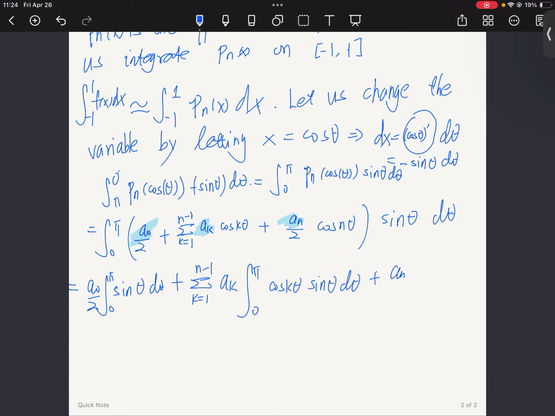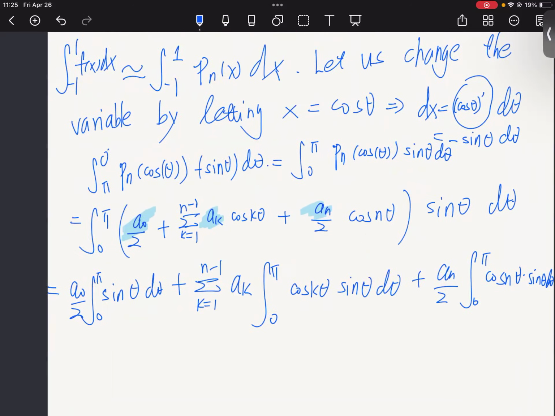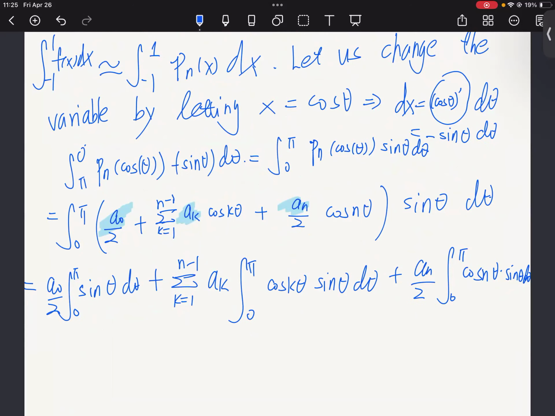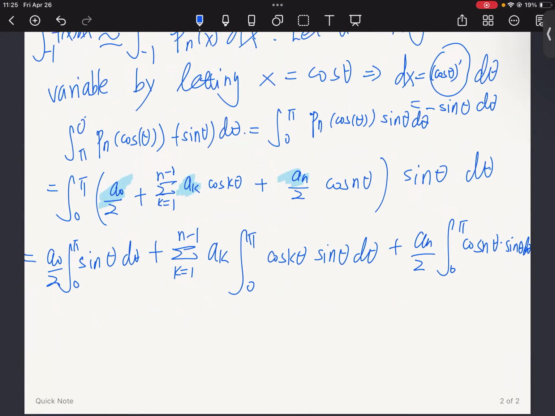And then the last item I have is An/2, and then the integral of cosine n theta, and then sine theta d theta. And this is quite a long trigonometric polynomial integration.